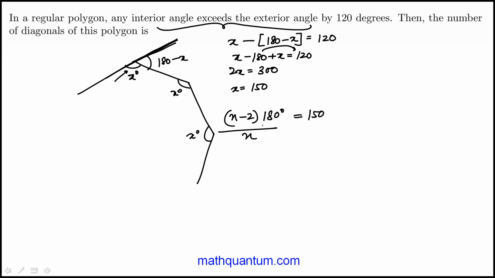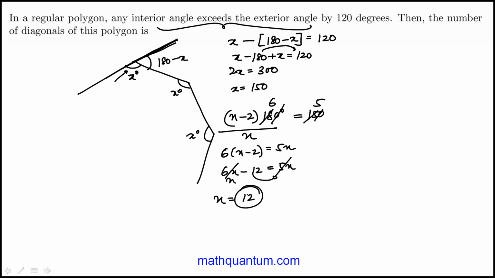So that will give us how many sides this regular polygon has. So I'll reduce this, divide by 3, so we get 6 times (n minus 2) is 5n, distribute, and then that's n, this moves over here, n is 12. So this is a 12-sided polygon, and then they're asking you to find the number of diagonals.